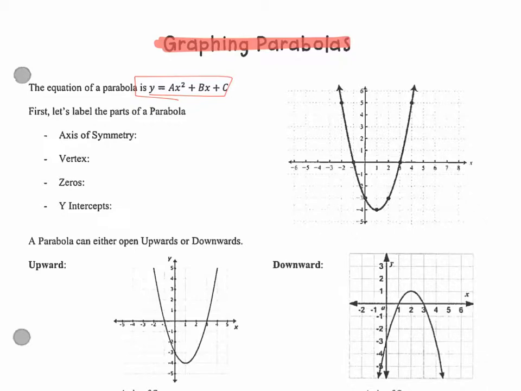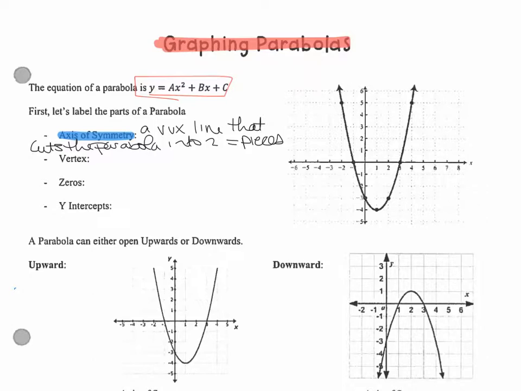There are major parts to a parabola that we have to talk about today. The first one is the axis of symmetry. The axis of symmetry is a vux line that cuts the parabola into two equal pieces.